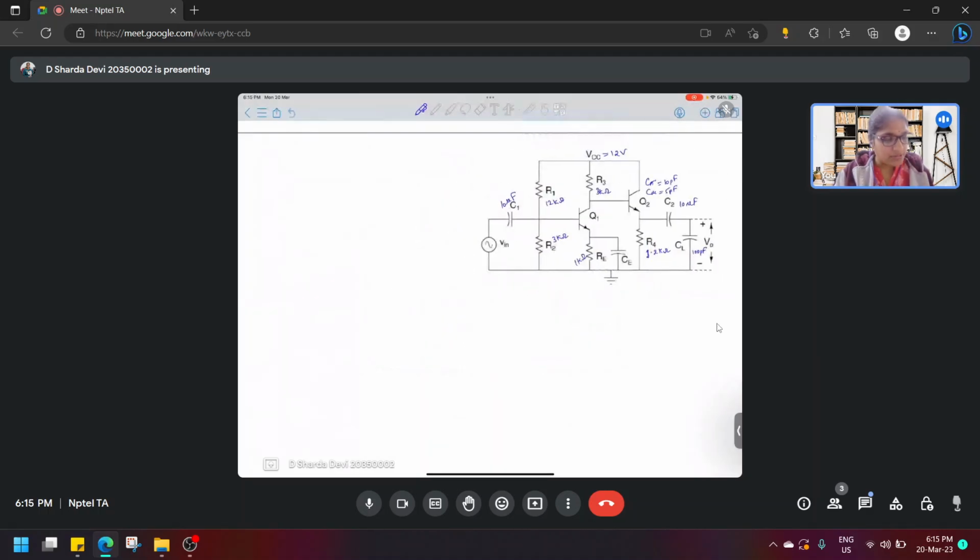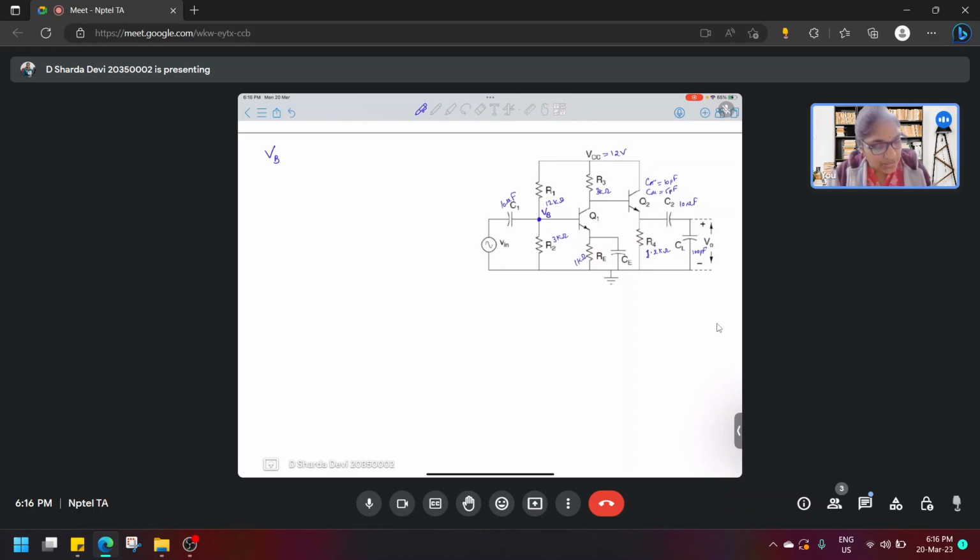In this particular circuit, this voltage VB we can find out, right? We'll start from previous stages and we'll move one by one to the final stage.